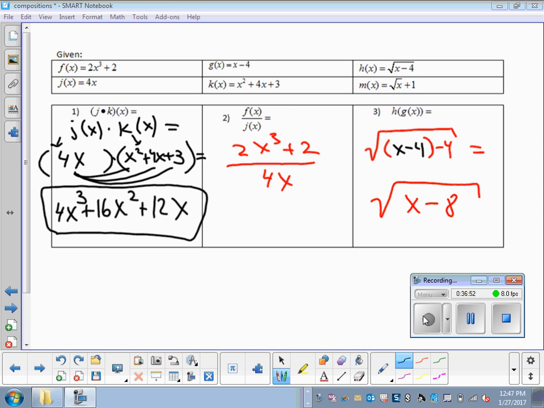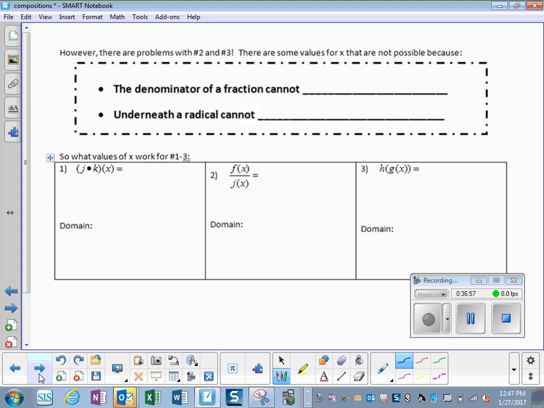So once we do all of this, we need to start thinking about all these different restrictions on the domain. The denominator of a fraction cannot be 0, and underneath a radical or square root, we cannot have a negative number. These are the restrictions for the domain.